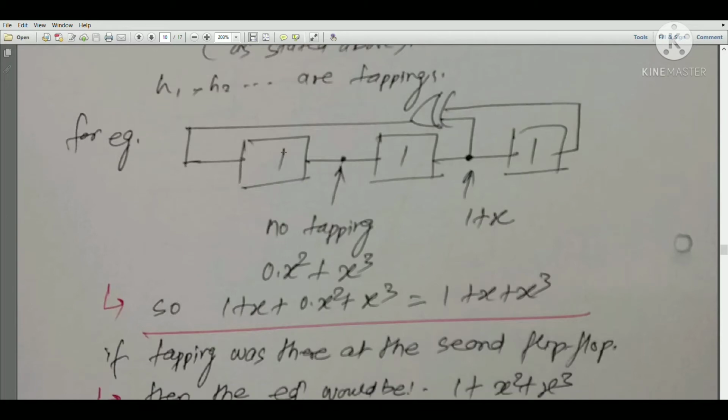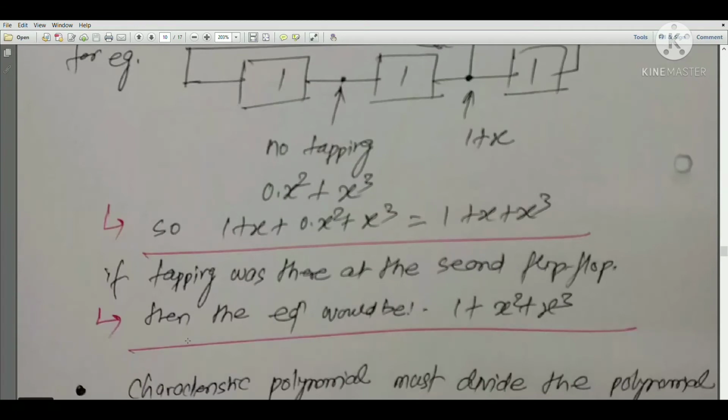So the polynomial will be 1 plus x plus 0 into x square plus x cube, equal to 1 plus x cube. If tapping was there at the second flip-flop, then the equation would be 1 plus x square plus x cube. But here, since the tapping was not there, we have written the logic as 1 plus x cube.